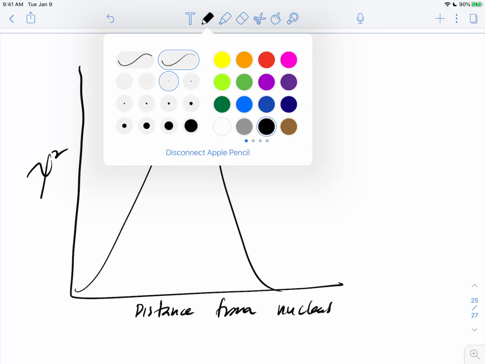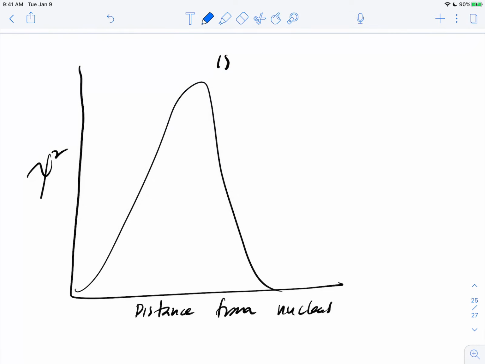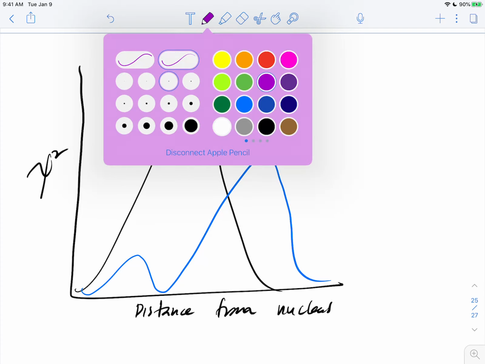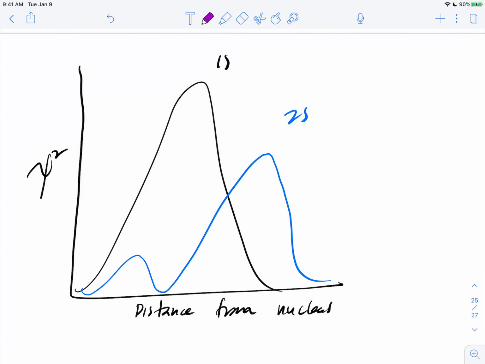We'll do blue for the 2s, which looks like a bump. And then the 2p we're going to do in purple. Remember that the 2p only has one hump, so it comes like this.